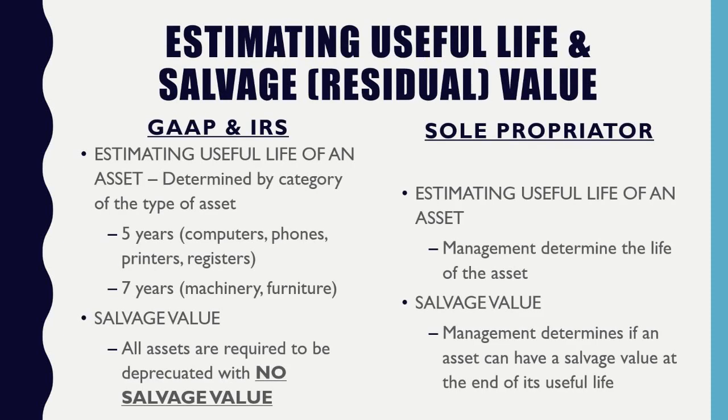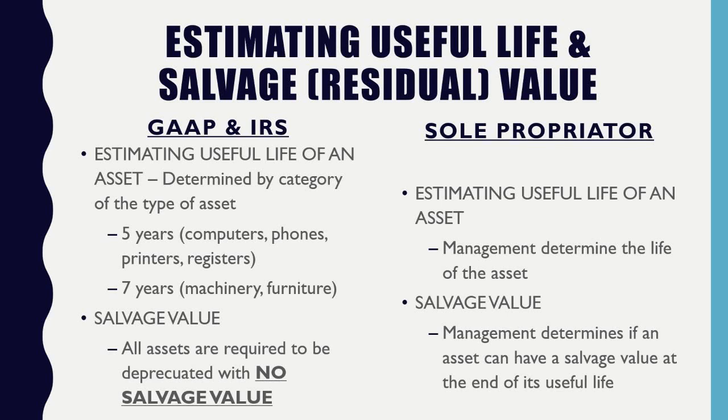Number 2, the estimated useful life and salvage value. This is part 2 and part 3 together in one. The reason they're together is that there are rules and regulations, especially when we are determining who and what and when, for your fixed asset, like for example the estimated useful life.